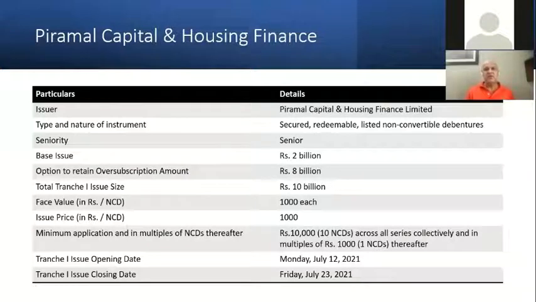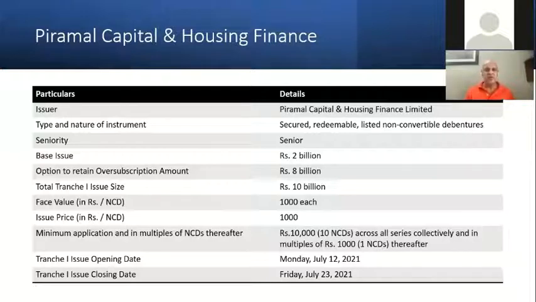They promise a coupon rate, and in this case it's anywhere from 8.39% for retail investors, going upwards, and they may not be able to repay your principal. So you have to be very sure that you understand the fundamentals of the company, and that the company is well placed to service the bond.